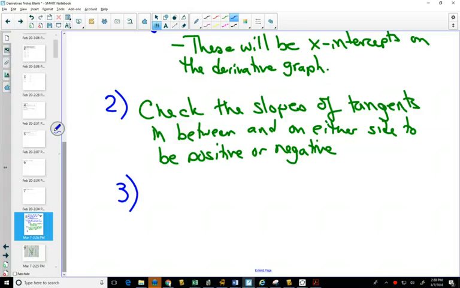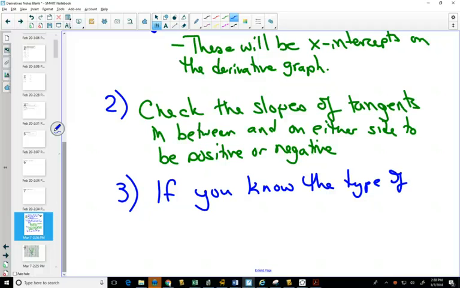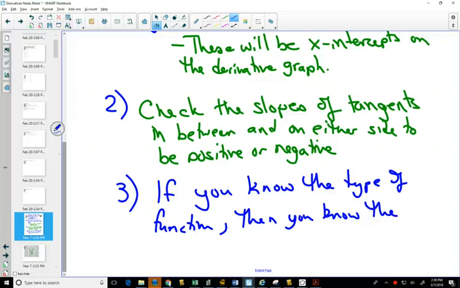Step 3, which we'll use in context with the question, is if you can recognize the type of function, then you know the shape of the derivative.